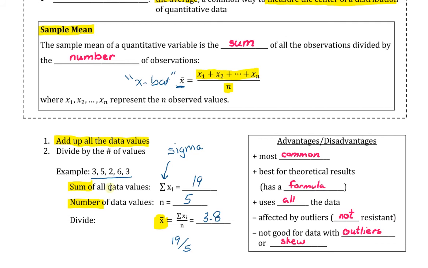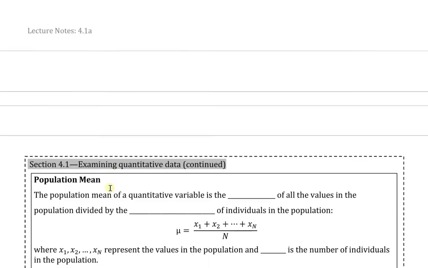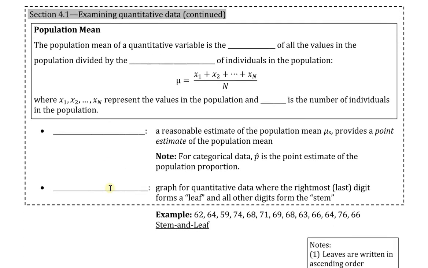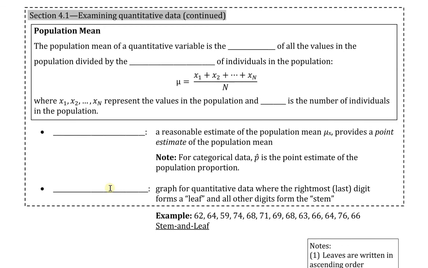The second type of mean that we discuss is the population mean. The population mean of a quantitative variable is still the sum of all the values in your population divided by the number of individuals in the population.